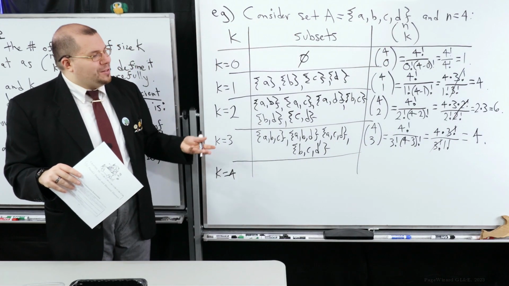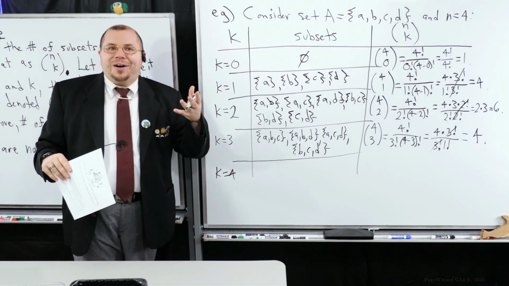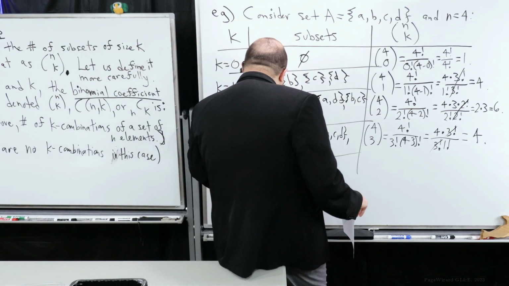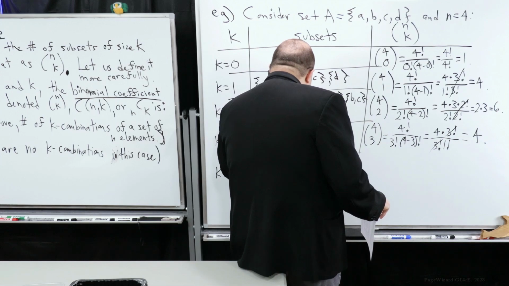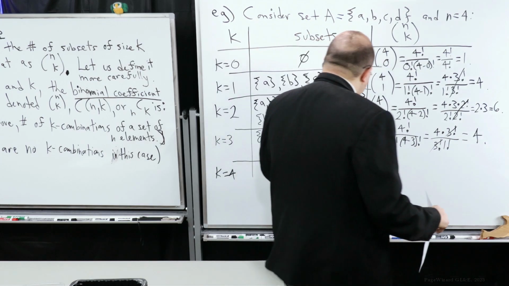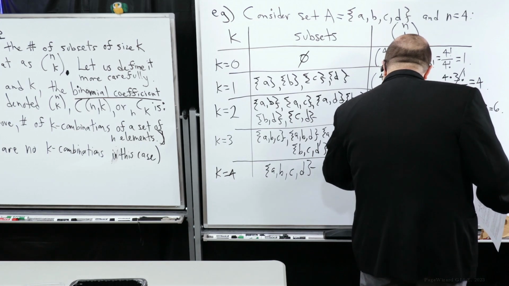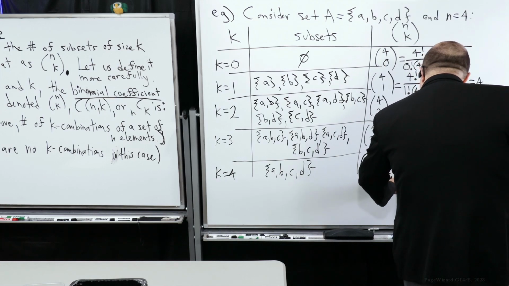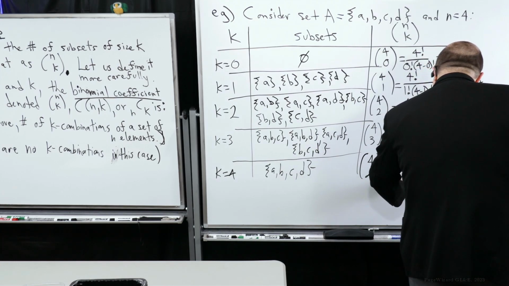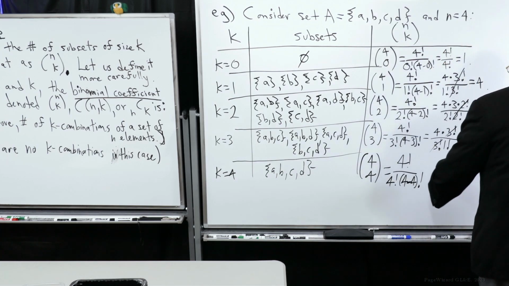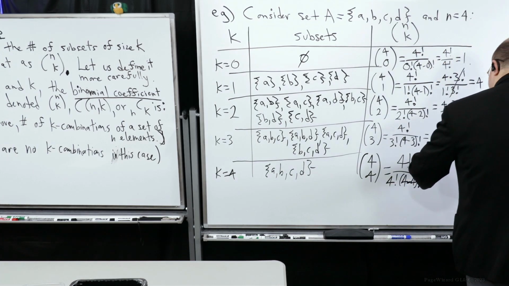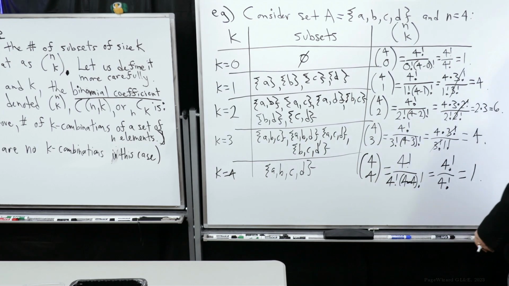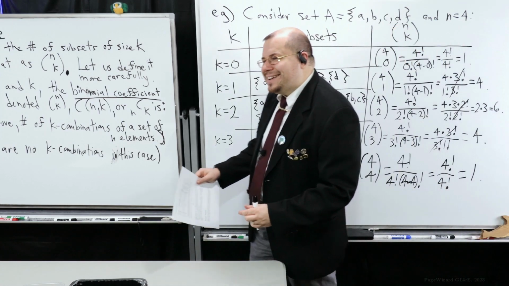Well, surely it includes all of the elements, so that's just one subset: A, B, C, D. So I have 4 choose 4, which is 4 factorial over 4 factorial times (4 minus 4) factorial, which ends up being 0 factorial. So I end up with, again, 4 factorial over 4 factorial, which is equal to 1. Interesting.